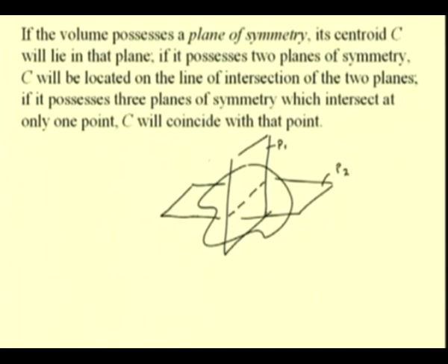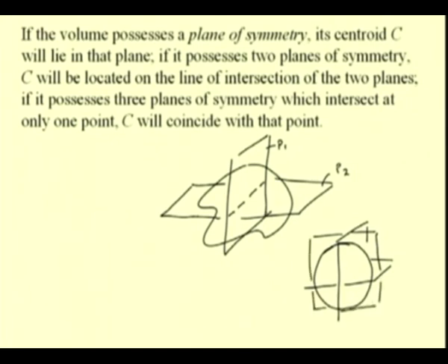And if it had a third symmetrical plane, like in the case of spheres, we have three planes of symmetry, say 1, 2, and then the third plane of symmetry. Thus, we have the location of the centroid, which is nothing but the center of the sphere itself.